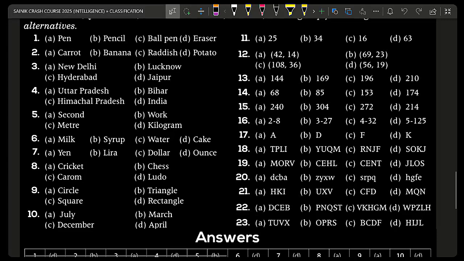Can you see option A? Any vowel there? Yes, sir, I. In option B, is there any vowel? Yes, sir, you. In option C, is there any vowel? Sir, in option C, there is no vowel. In option D? Yes, sir.